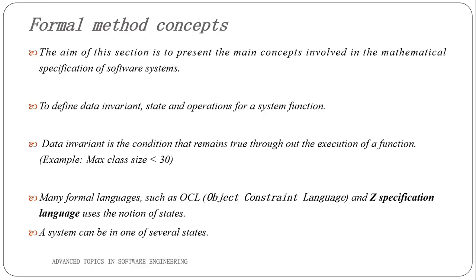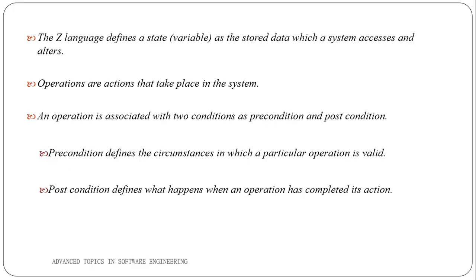Many formal languages such as OCL and JET specification use this particular notation of states, and a system can be in one or more than one state. So the JET language defines a state as stored data which a system accesses and alters, and operations are the actions that take place in the system.